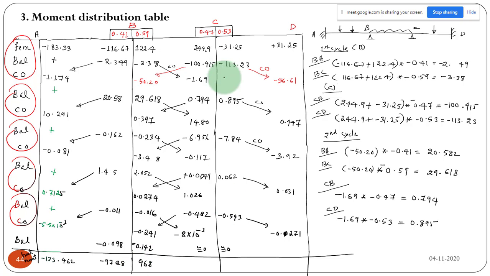So you take the sum and you will get this moment MCB, that is 151.91, I got. Anyway, this is minus 151.9. You can take the sum here, and the final value will be minus 29.07. This is your final answer.